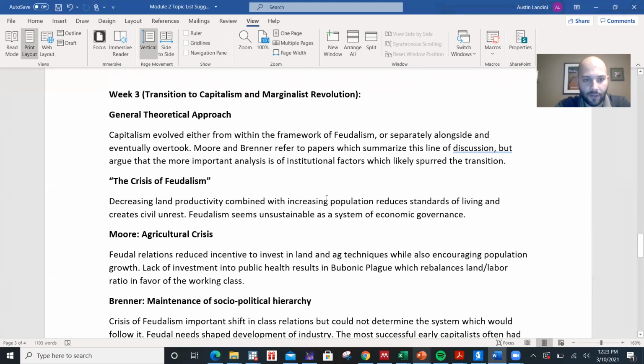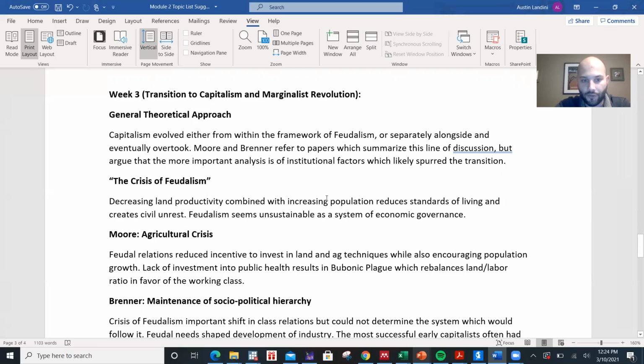On the transition to capitalism, there's a general theoretical approach that capitalism either evolved from within the framework of feudalism, eventually taking over, or it evolved separately alongside the framework of feudalism and eventually overtook as the most common economic governance. We see two approaches from Moore and Brenner, which summarize this line of discussion, but argue that there are important institutional factors which have been left out of this debate. So first of all, what is the crisis of feudalism during about the 13th to 15th century?